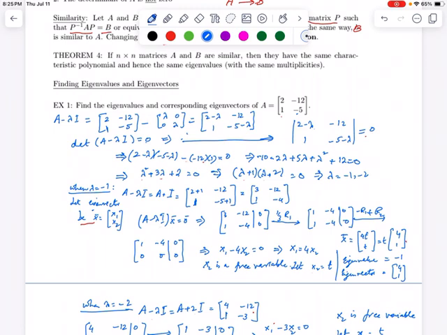Remember, as these are 2 by 2 matrices, we expand, we get this equation, simplify, even factor, so we end up getting lambda is equal to negative 1 and negative 2. So that is how we find the eigenvalues. Now for a 2 by 2 it's pretty simple, but for a 3 by 3 it becomes a little bit more work, and then 4 by 4 of course more and more work as the size of the matrix increases.